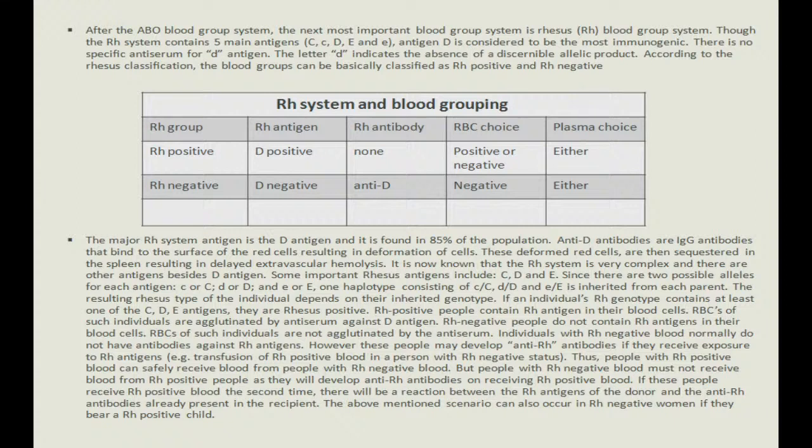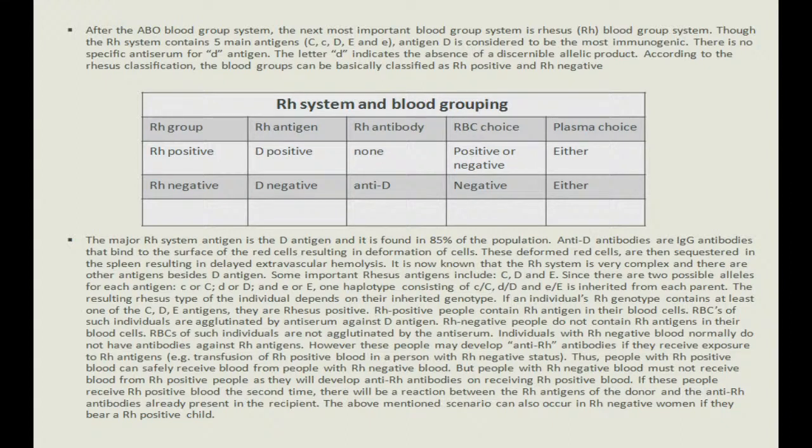It is now known that the rhesus system is very complex and there are other antigens besides D antigen. Some important rhesus antigens include C, D, and E. Since there are 2 possible alleles for each antigen, C or c, D or d, E or e, a haplotype consisting of C, D, and E is inherited from each parent.